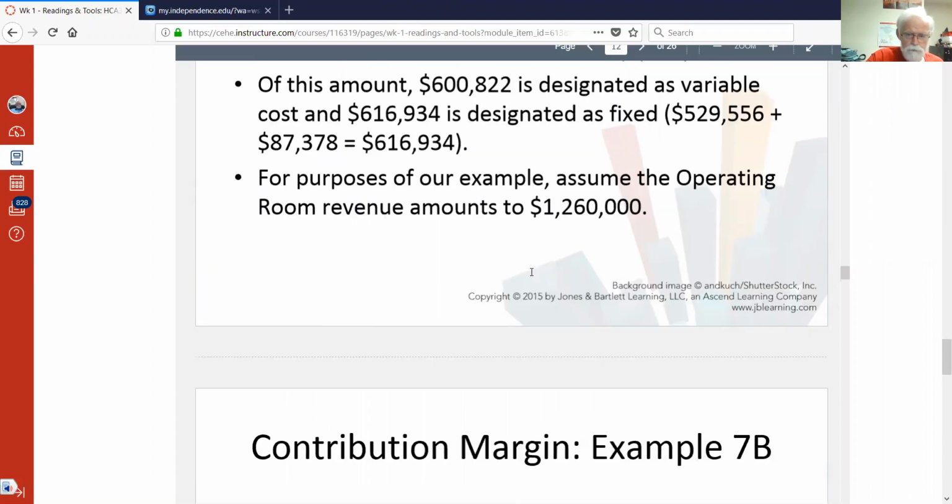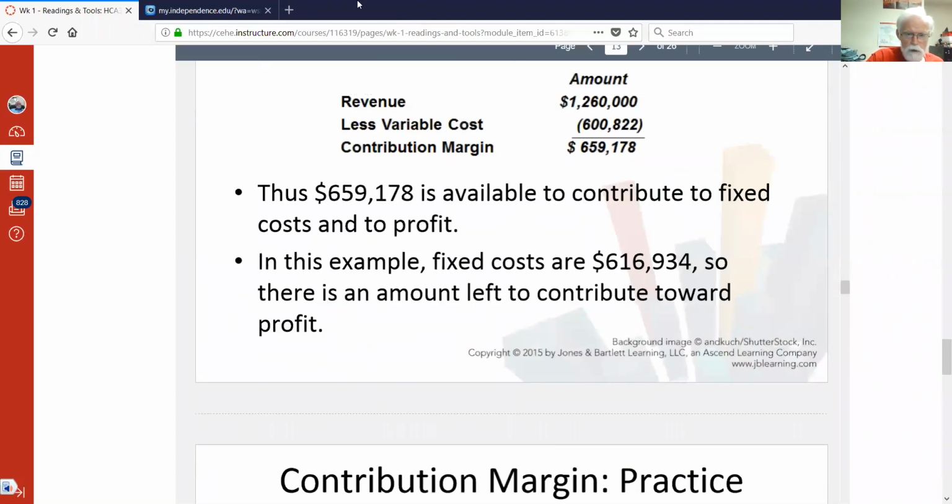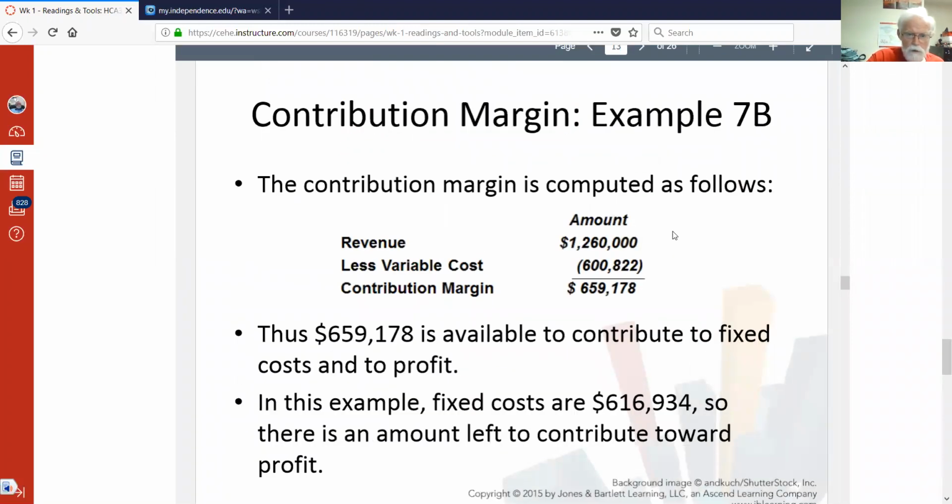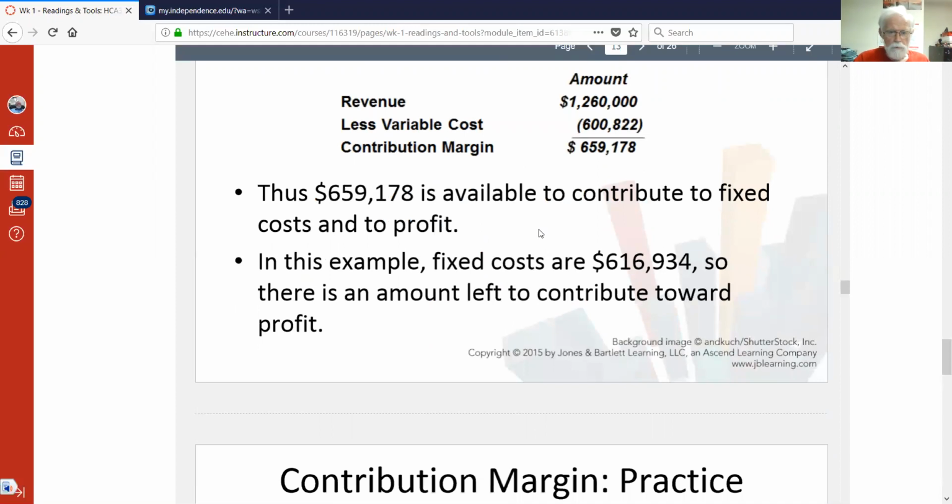So we see the revenues and then the variable costs. If our revenue in this example is 1.26 million and our variables are a bit over 600,000, then our contribution margin is that difference, and that is contributing to fixed costs and profit.